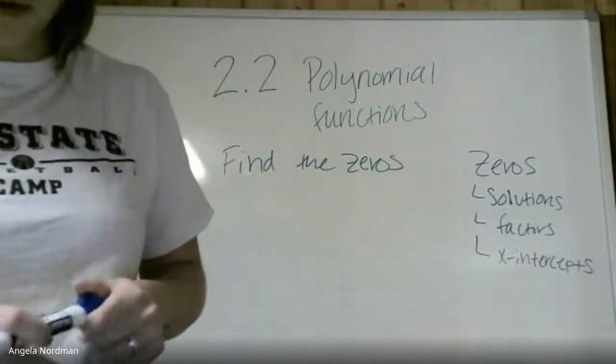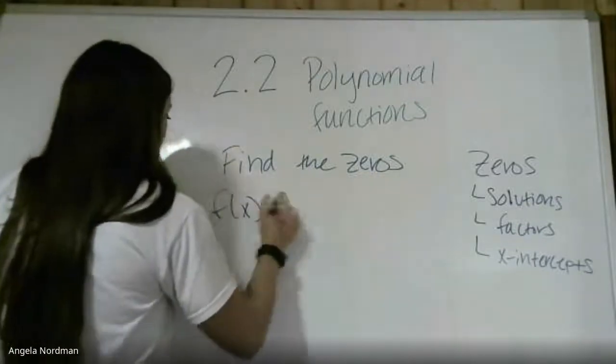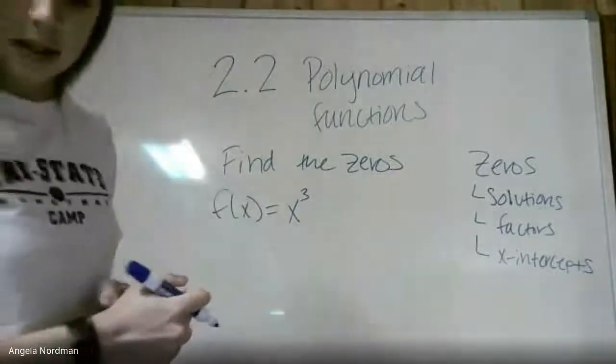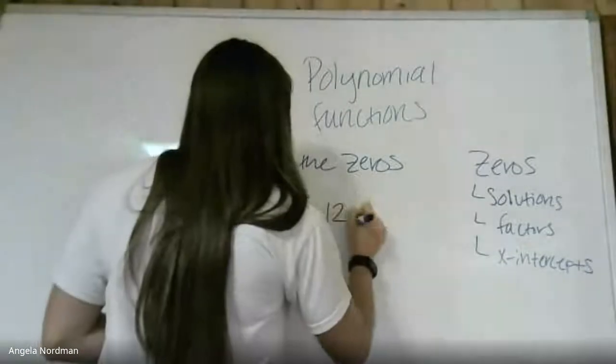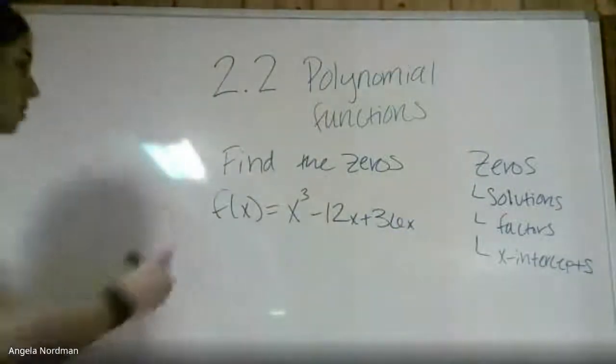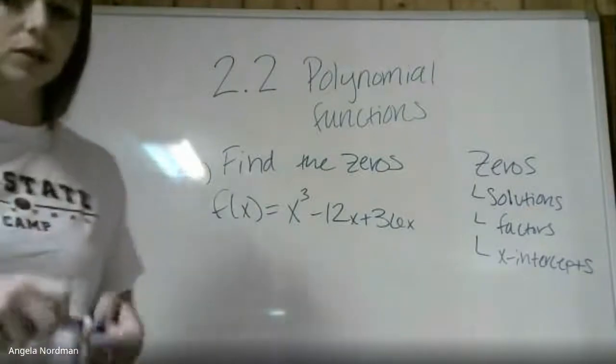The first one that we're going to be finding the zeros of is f of x equals x cubed minus 12x squared plus 36x. One of the biggest things is we have to remind ourselves of factoring, okay?